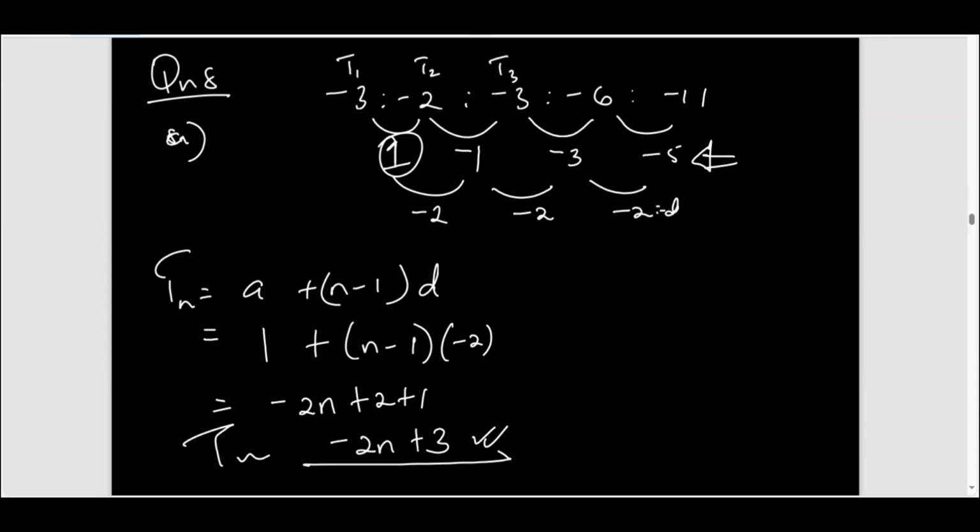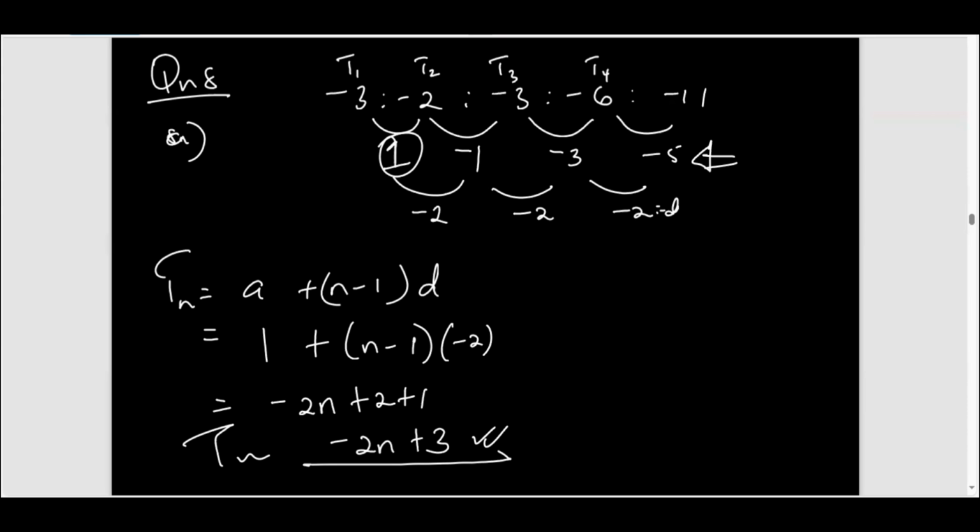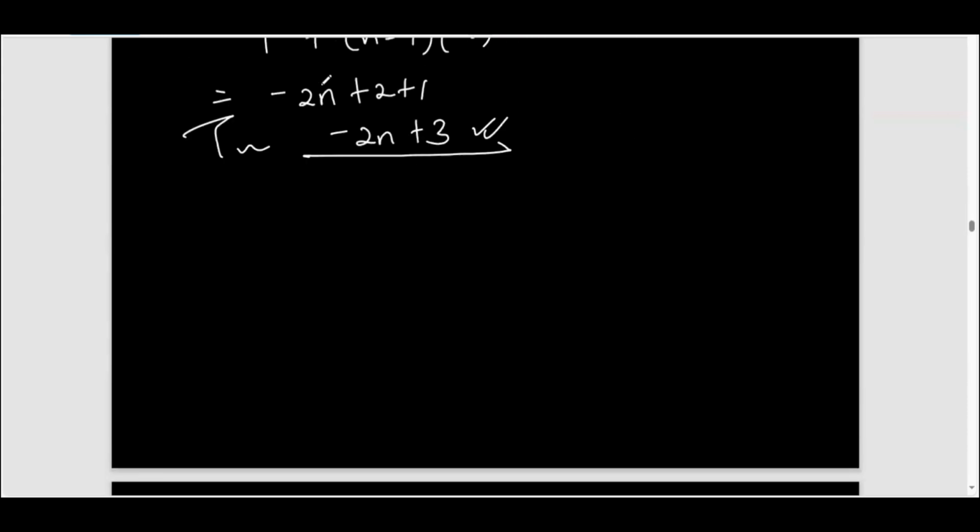The third term is between T3 and T4. Now, for us to get the difference between 135 and 136, our first difference will be at 135. So from the formula that we just obtained, we just need to calculate T135.